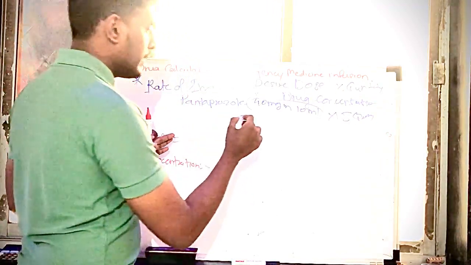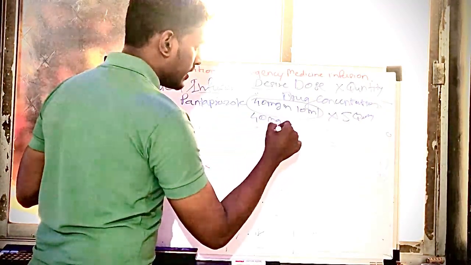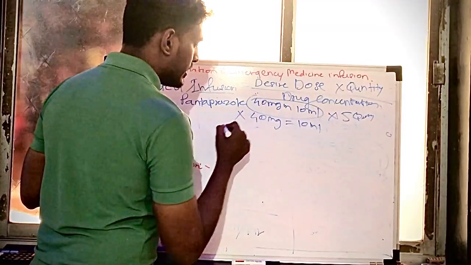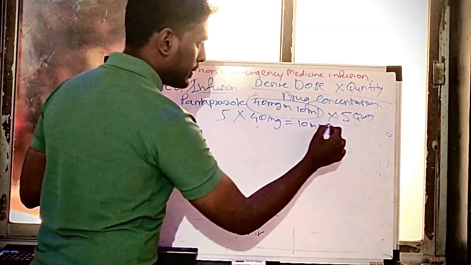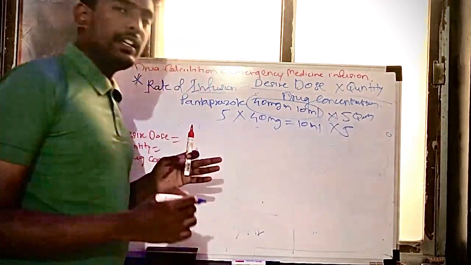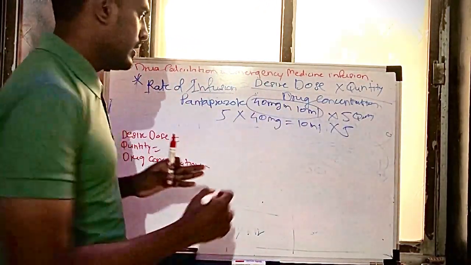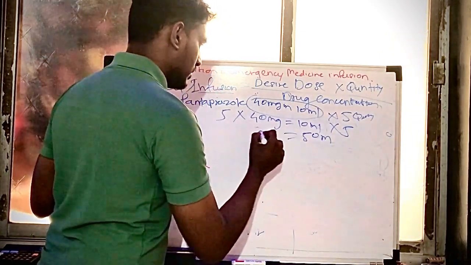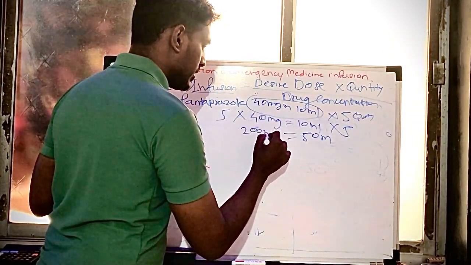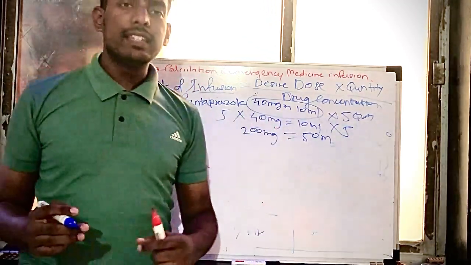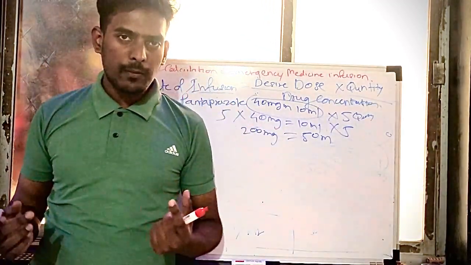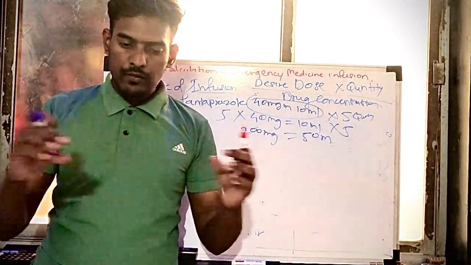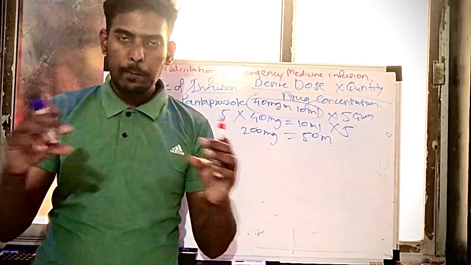So 40 mg in 10 ml, multiply by 5 on both sides: 50 ml, 200 mg. What does it mean? Take 5 vials of pantoprazole, dilute each in 10 ml. You get 5 vials in 50 ml.